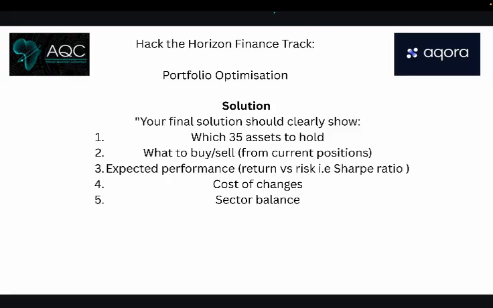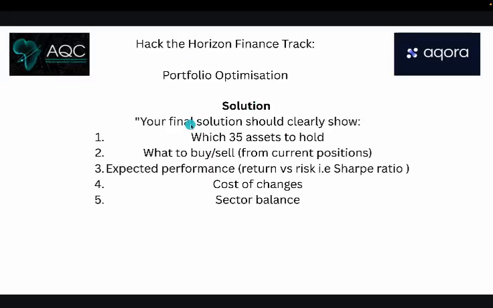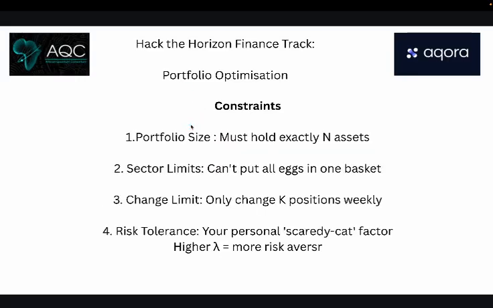I will also suggest that you start by simplifying the problem. Instead of jumping to 35 assets, start with 10. You can also ignore some of the constraints, maybe constraint 3, where you don't have to move an X amount of assets per month.